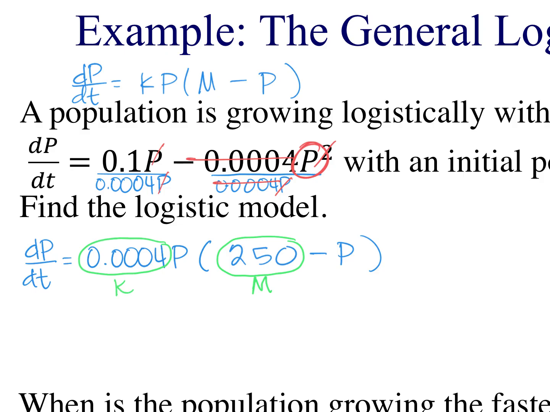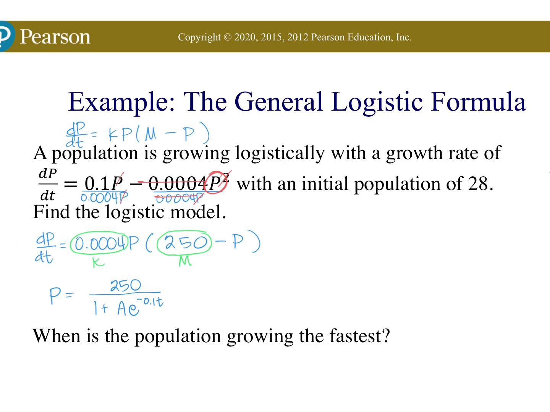And so my model becomes p equals the 250 in the numerator, 1 plus a, and then e to the negative mk. So this will be negative, and then 250 times 0.0004, which is 0.1 t. So now I have everything but the a.